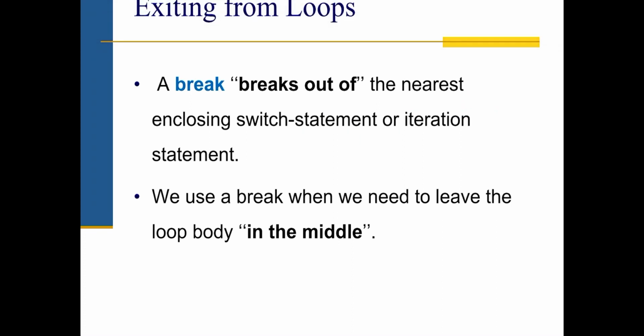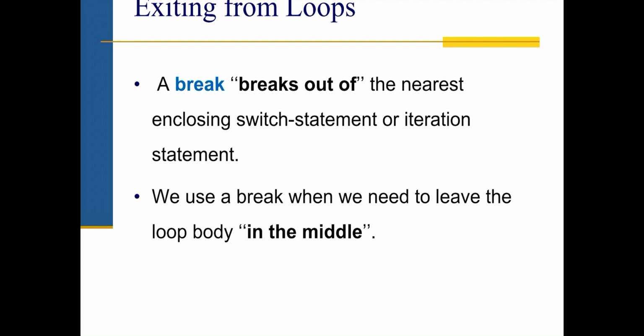A break exits the nearest enclosing switch statement or iteration statement. We use a break when we need to leave the loop body. So we use break to leave a loop.